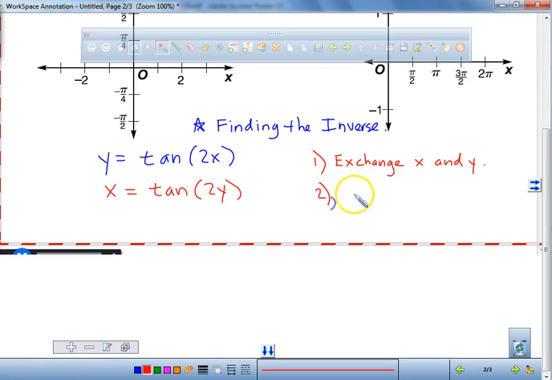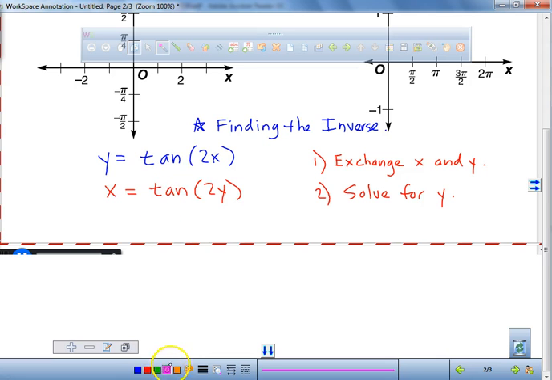Step 2: now you need to solve for y. And when you solve for y, you have found that function's inverse. Right now, to solve for y, what's y being multiplied to? It's being multiplied to a 2, and then to this concept called the tangent.